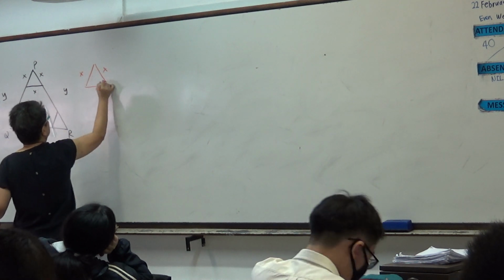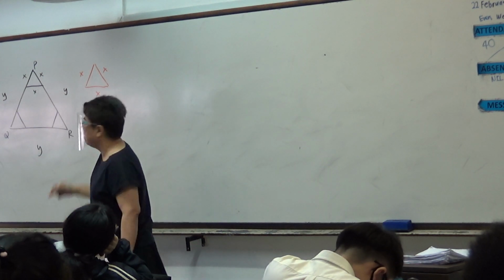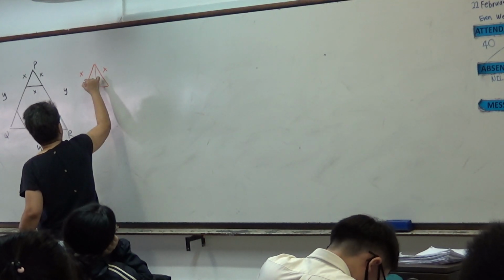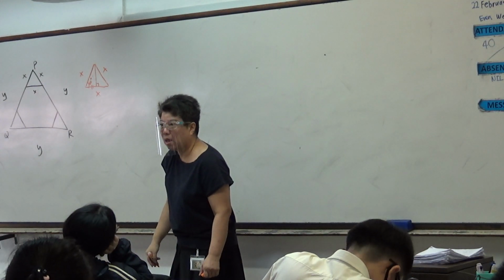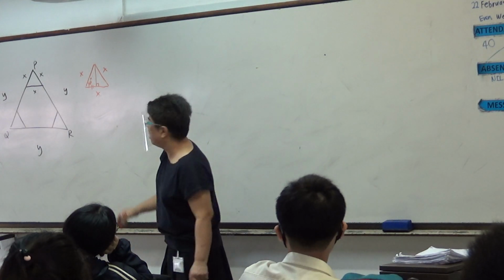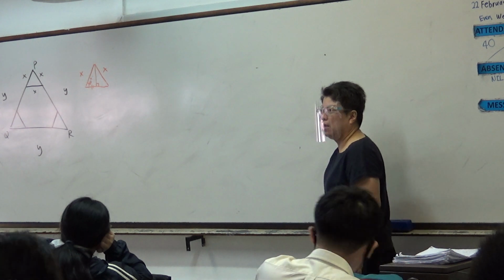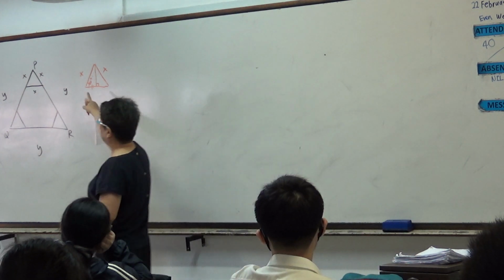We know it's x, right? Now, you know that if I put it like that, this one will be 60 degrees, right? Correct, class. Now, how would I find the height here? If I know this is 60 degrees, how do I find the height?